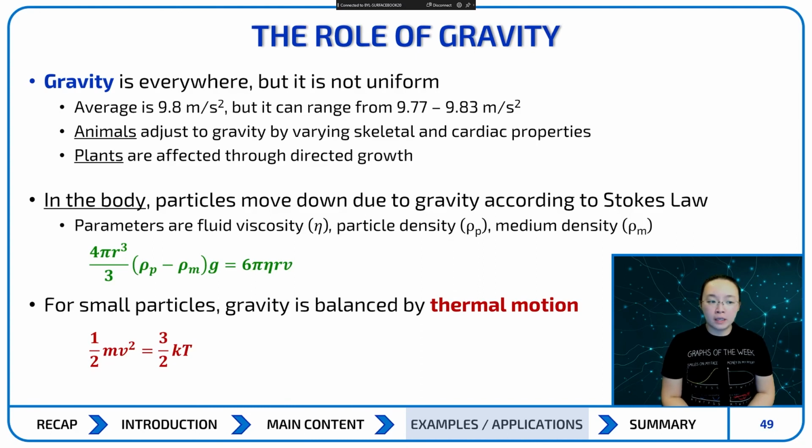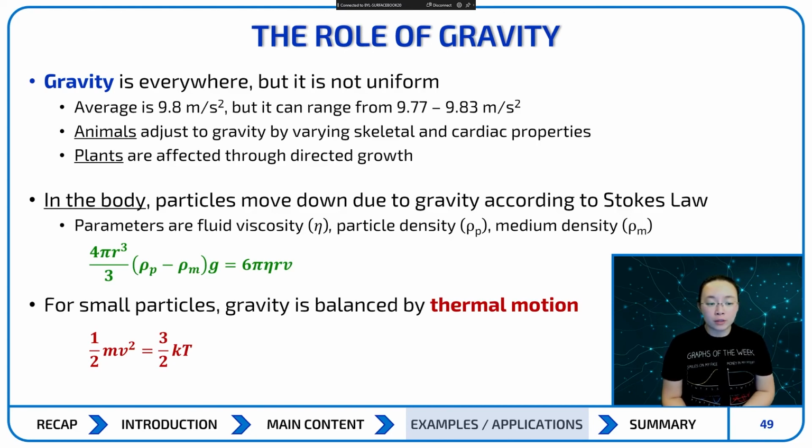In the body, your particles are going to move down because of gravity, according to Stokes' law. So the parameters are going to be fluid viscosity, particle density, and medium density, the medium being the surrounding that you're in. In order to apply that, you equate Stokes' law to an equation we had before, which was a change in density multiplied by g for the lift.